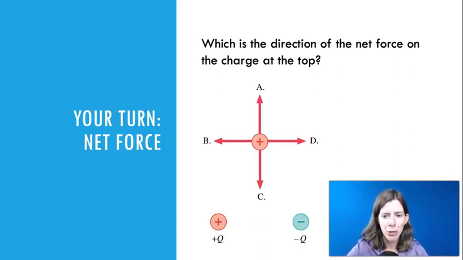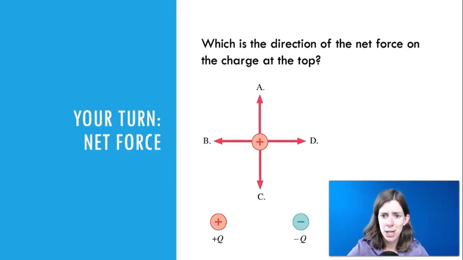So we have three forces. And again, pause the video to really think about this. The first thing that you want to do is you want to draw each force that is acting on this one. These four arrows here are not the forces acting on this charge. These are the four possible answer choices.